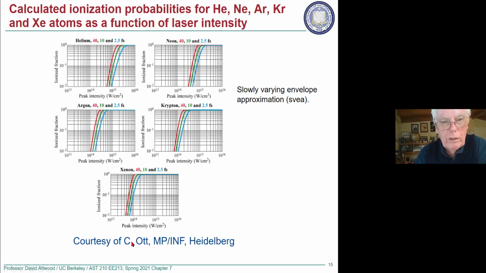And by the way, Christian kindly computed all of these beautiful curves just for us. All those curves are in the book, and he just did them for us so that we could see what it looks like for different atoms. So in general, we're going to be talking about intensities in the 10 to the 14th range, not getting up to 10 to the 15th very often.